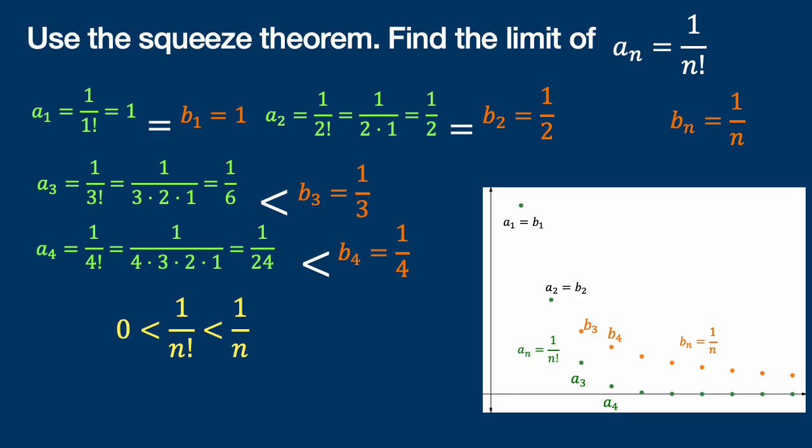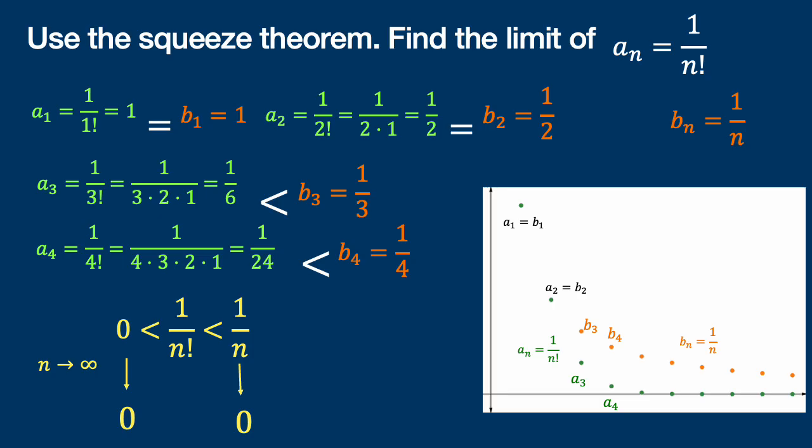So now look at this one. 1 over n factorial, which is An, is always less than Bn, which is 1 over n, which is always greater than 0. Now let's take the limit as n approaches infinity. 0 is definitely going to 0, right? How about 1 over n? 1 over n is definitely going to 0.